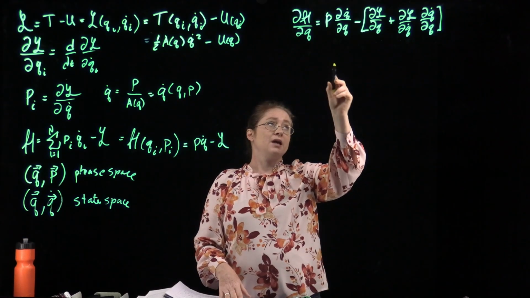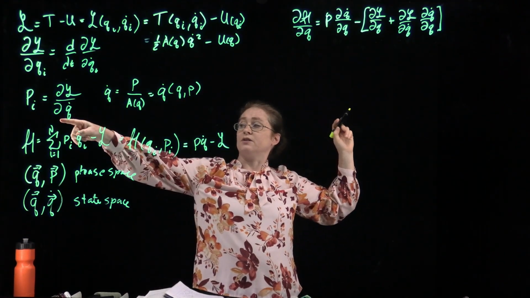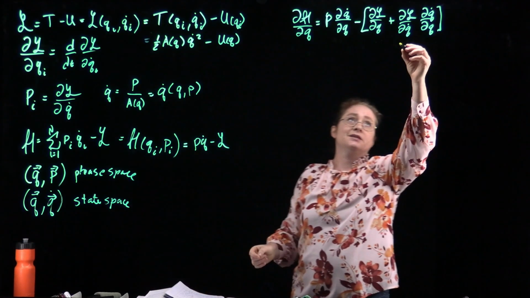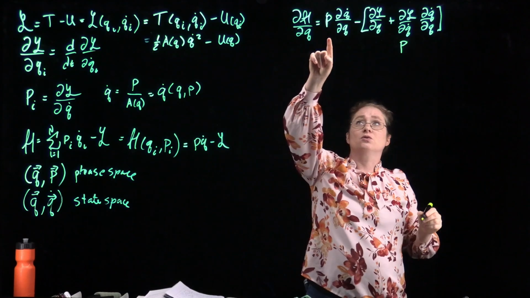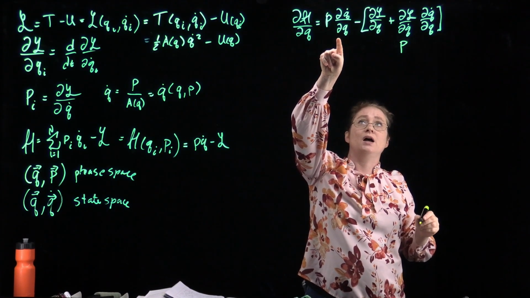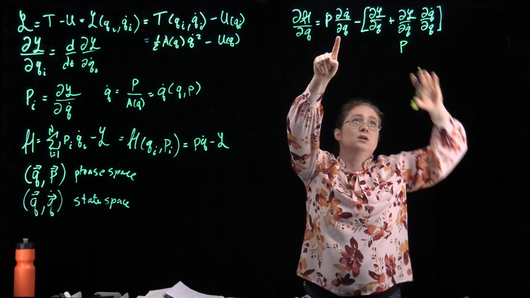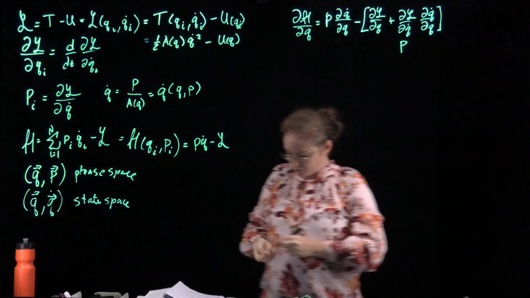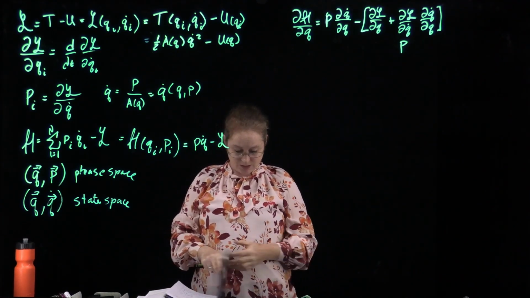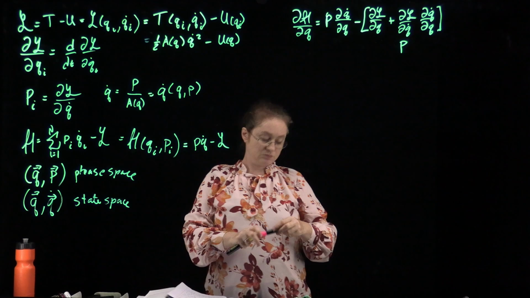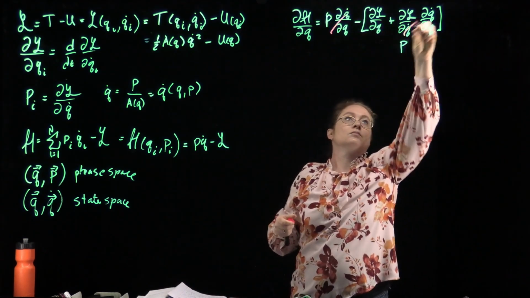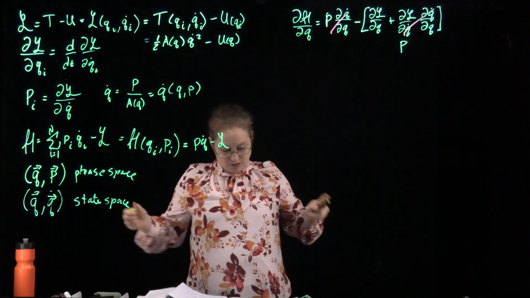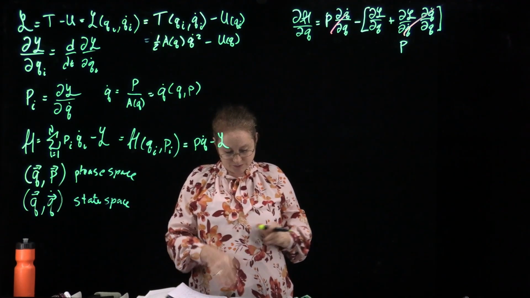All right, so then we can use our definition of the generalized momentum, and this turns out to be p. So we have a p partial q̇ partial q, minus p partial q̇ partial q, and those two terms cancel out. So we get the first equation.